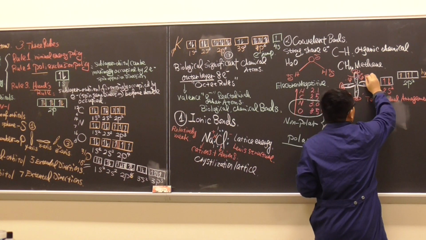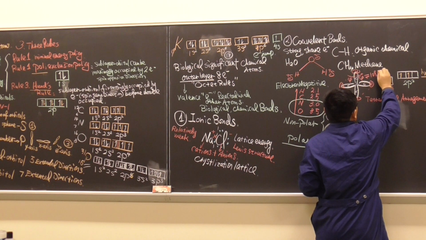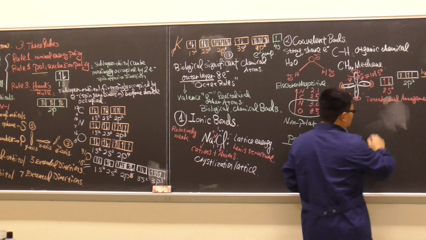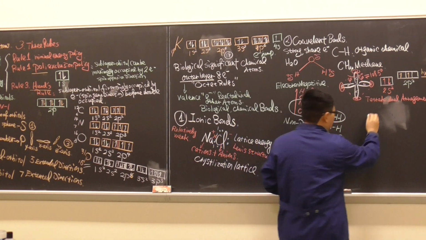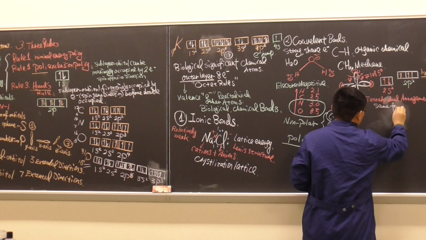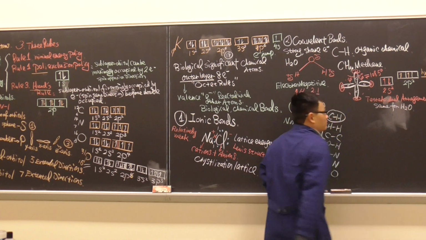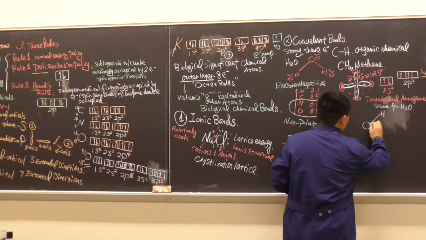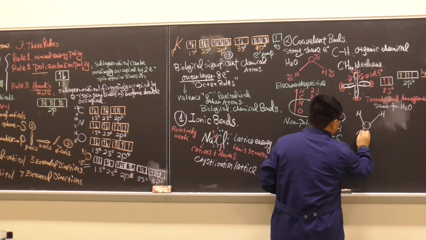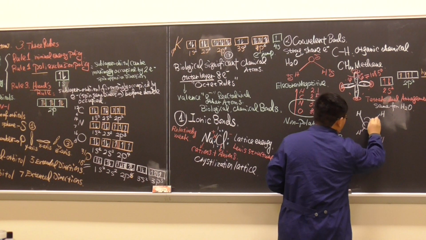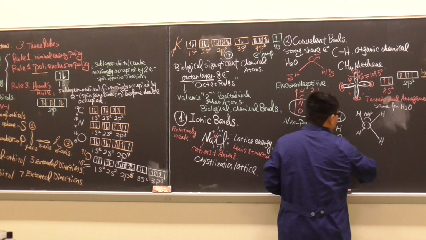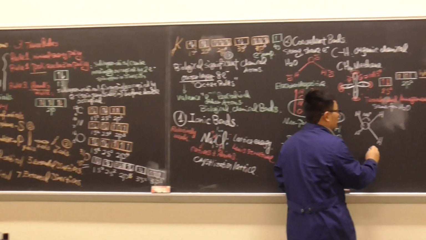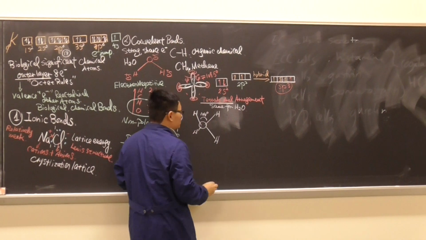And this theta angle is about 109.5 degrees. And people also find that this tetrahedral arrangement is the same for water molecule. Because every water molecule is surrounded by H, H, and by another H. And this angle is 104 degrees. Okay? So, the water molecule is also a tetrahedral arrangement.